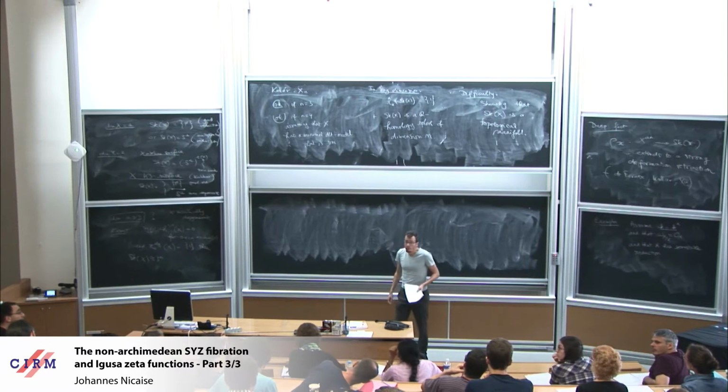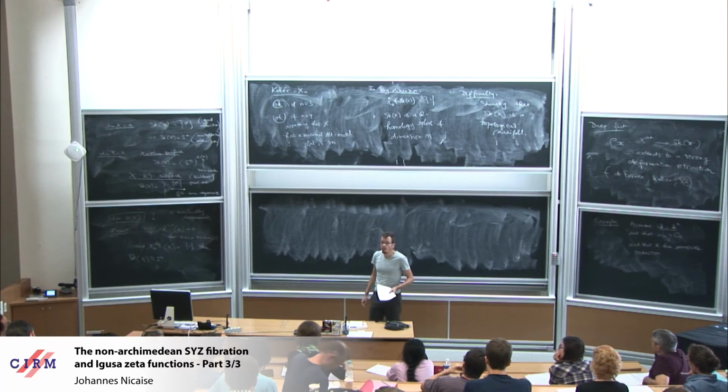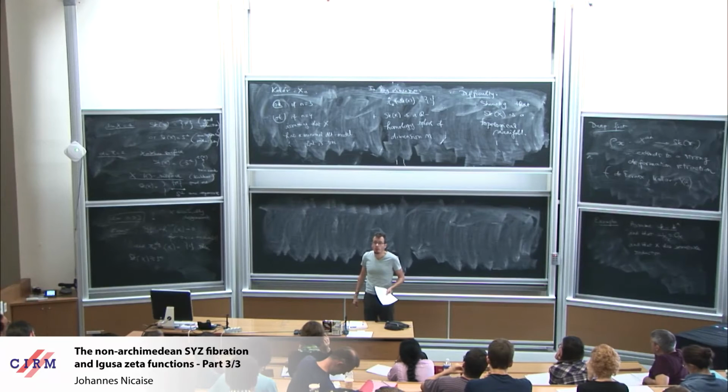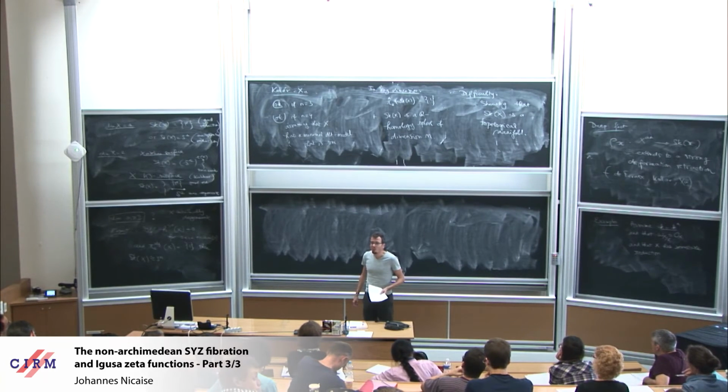That's right. So you try to understand the dual intersection complex of the special fiber of a minimal DLT model, using all the MMP technology that you can find in your reserve.